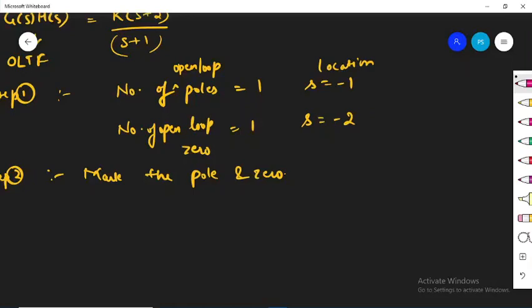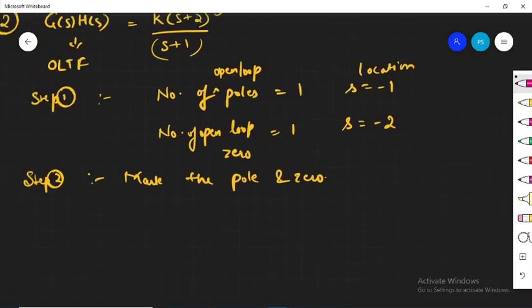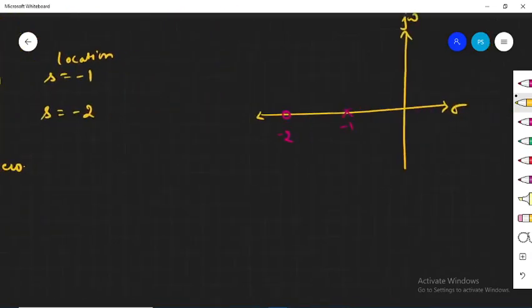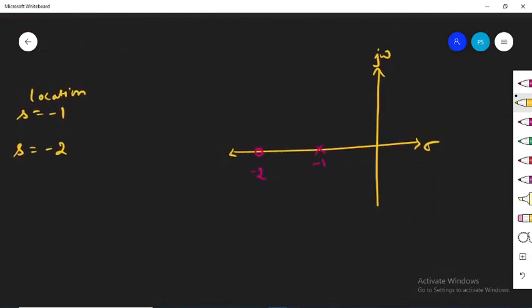The next step should be to apply rule 4. Where will the root locus lie on the real axis? We'll take the root locus and mark the red zone and the green zone. Red zone means the root locus won't exist on the real axis there.